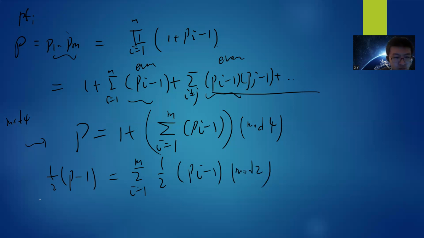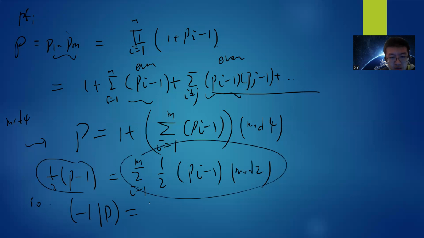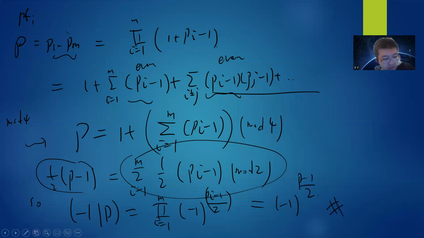Okay, so your (-1/p) Jacobi symbol will be just the product over i from 1 to m of (-1)^((p_i - 1)/2). So this will be -1 to the sum over these p_i, which becomes the large p, so (p - 1)/2.